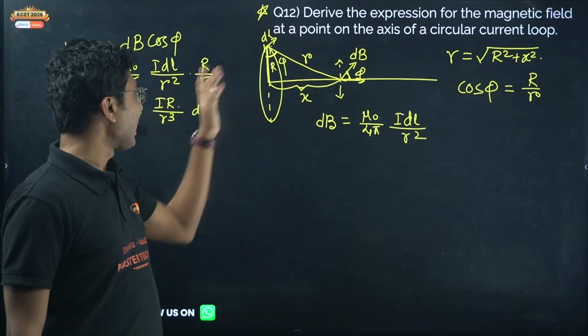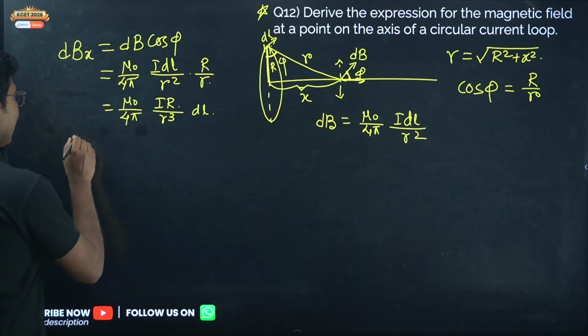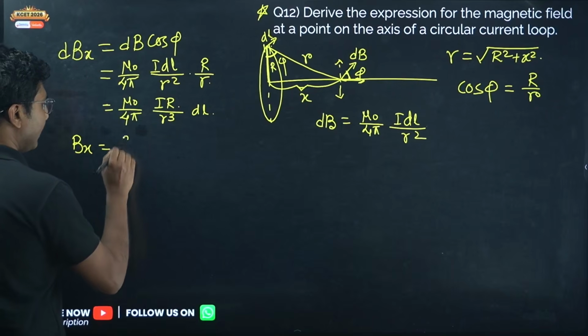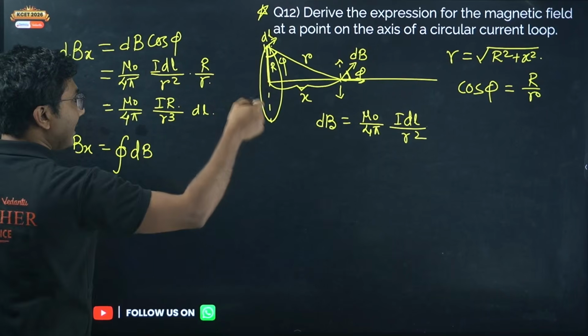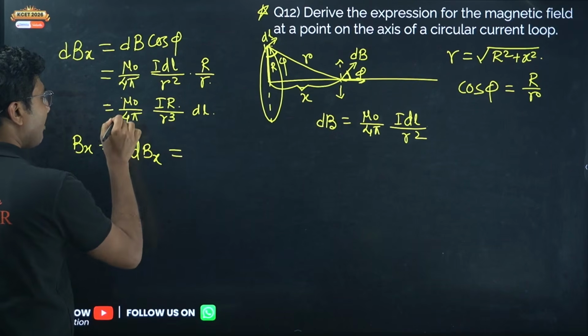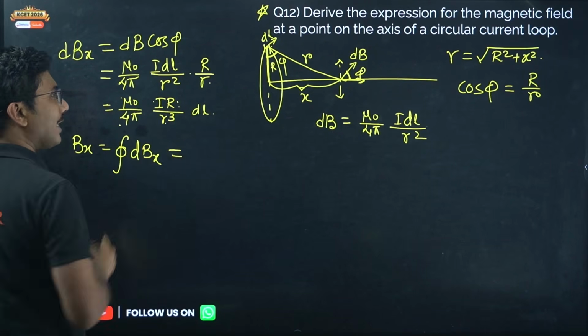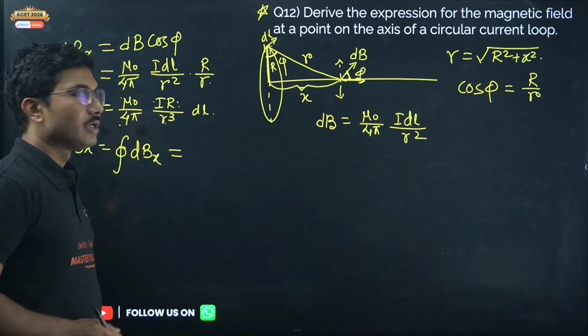So because we have to calculate the entire circle, we have to integrate. So the total magnetic field Bx will be equal to the closed integral of this. Closed integral means the starting point and ending point are the same. So dBx, and you see that mu naught by 4 pi, I, R, and r cube are all constant. Only dl is varying along this circle.